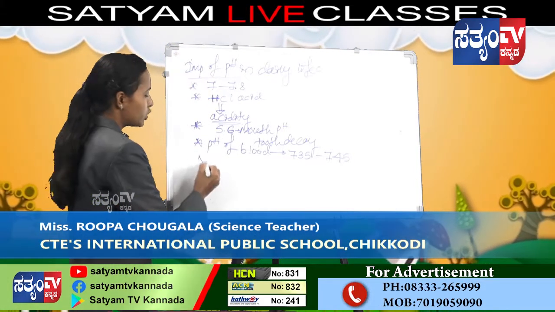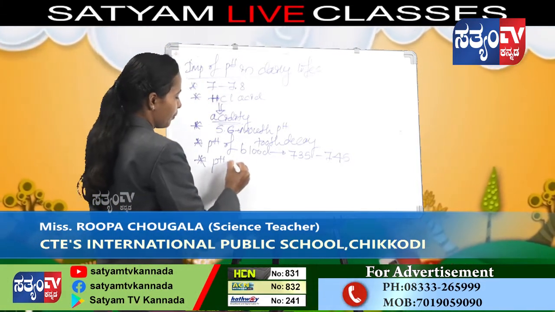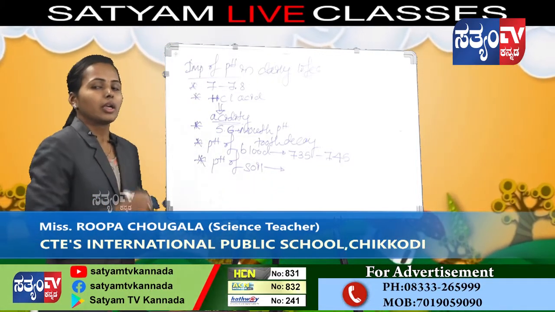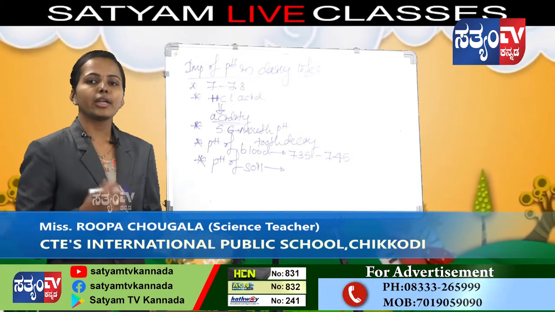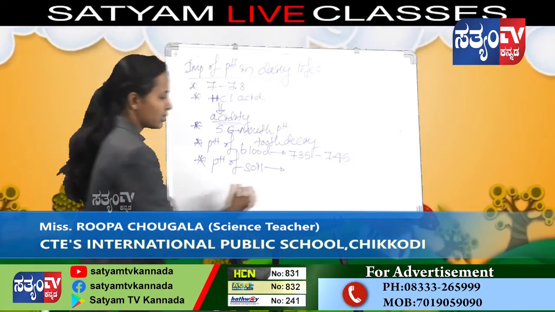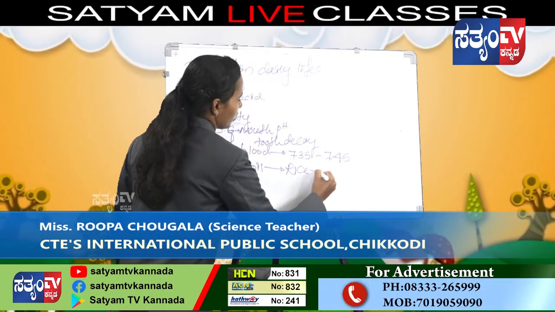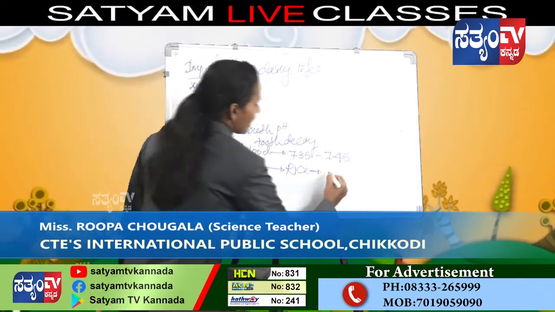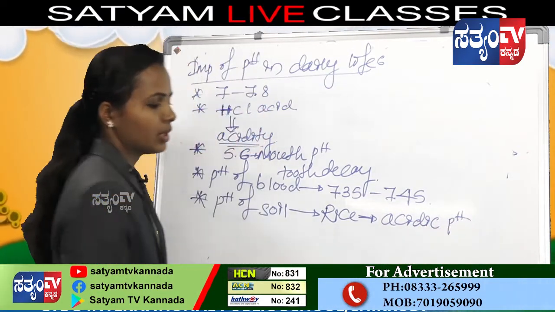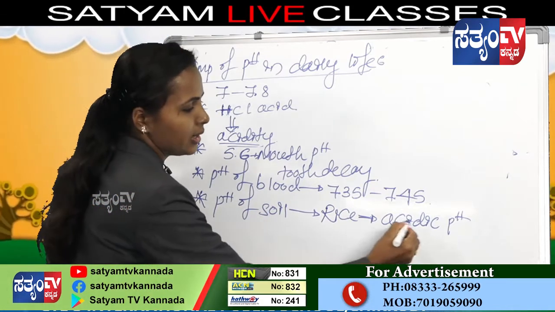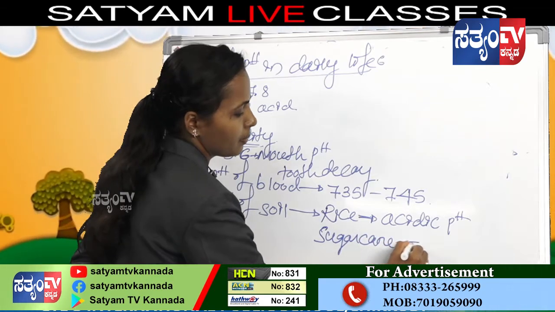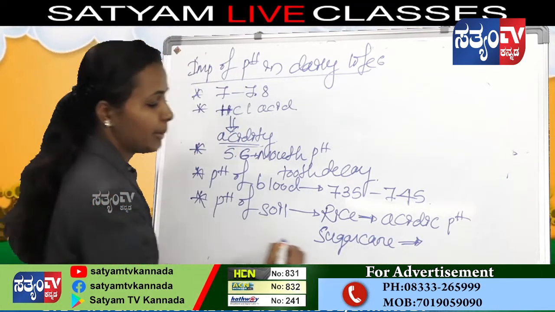And here, the pH of soil. All plants require different types of pH for their healthy growth. Consider the example of rice. The rice plant requires acidic pH, and sugarcane requires neutral pH.